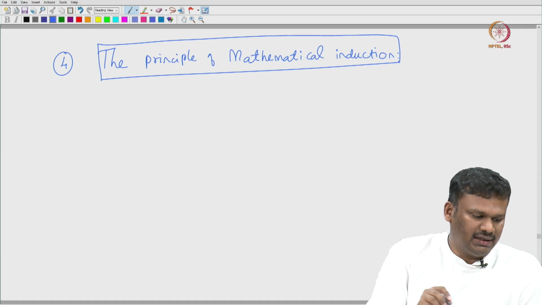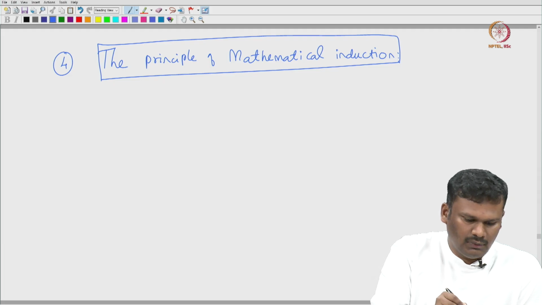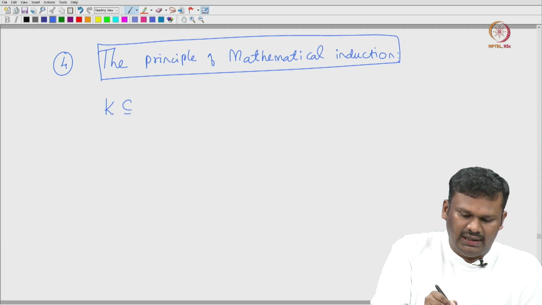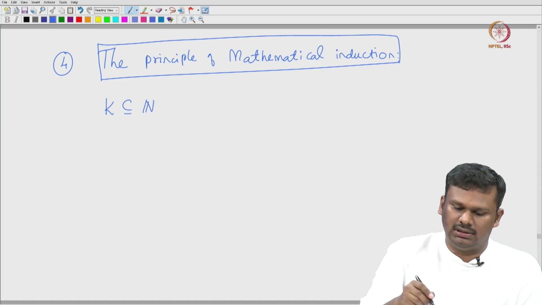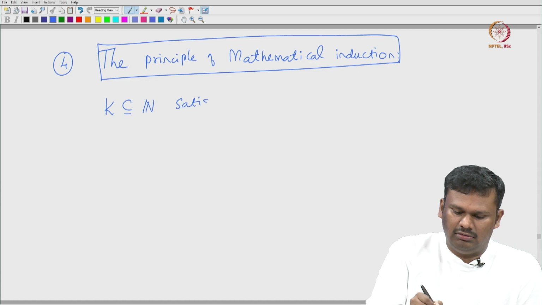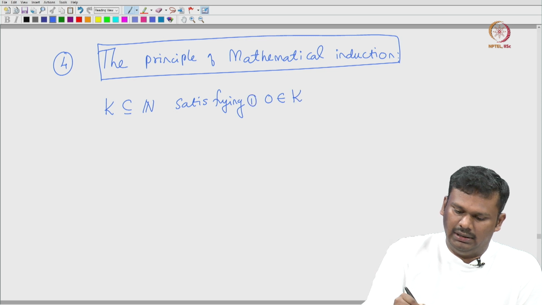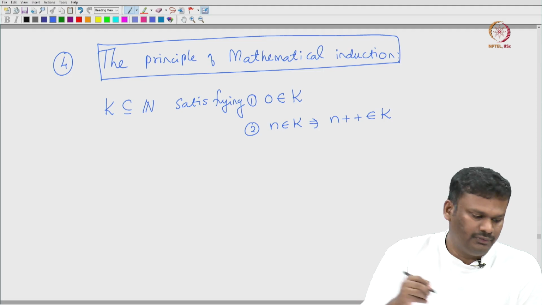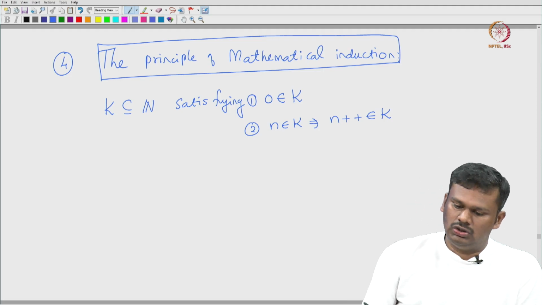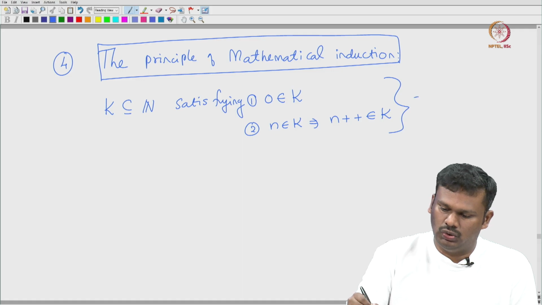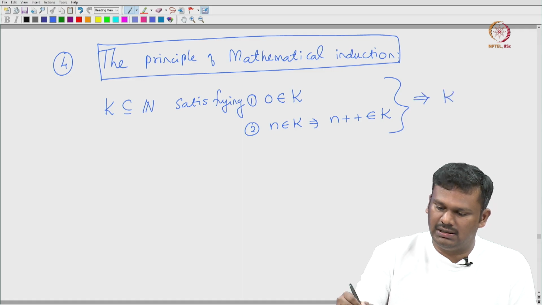So, you start with a set K, assume that it is a subset of N satisfying the following properties: that 0 is in K, and the second property that whenever n is in K implies n plus plus is in K. Okay. So, these two conditions should imply that K is exactly equal to the natural numbers.